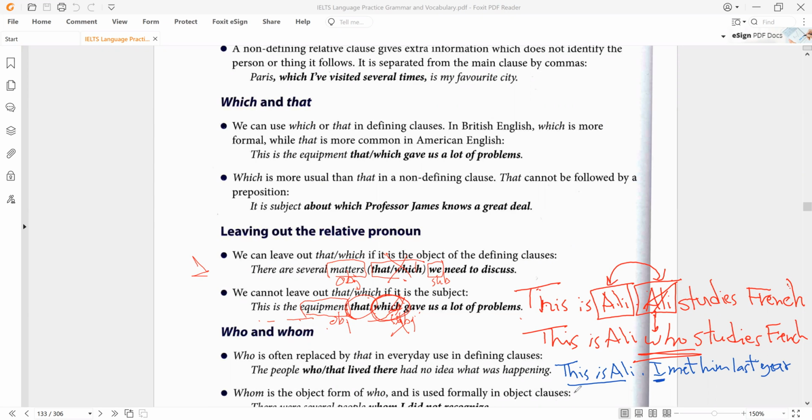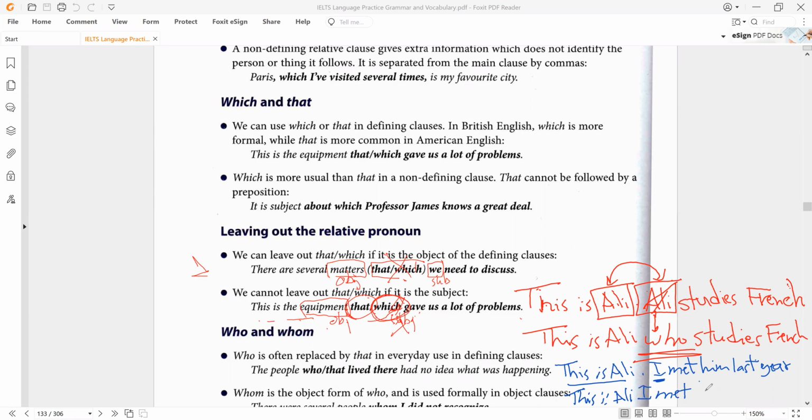So كيف تكون هنا الجملة في النهاية this is Ali. I met. ممكن نشيل حتى كلمة him. This is Ali.